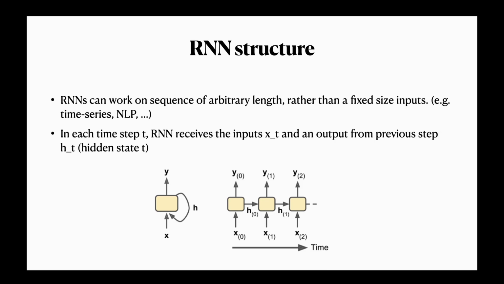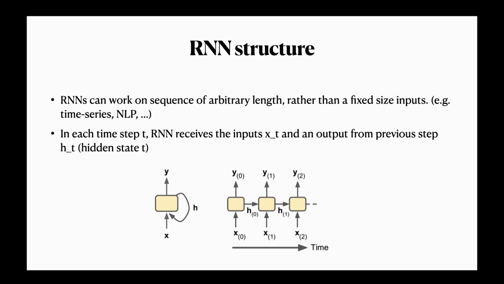In each time step in recurrent neural networks, if we are talking about time series, we have a model that predicts two things. One is the output of that specific time, and the other one is a hidden state that it feeds to itself in the next round. So on the left side, you're seeing a graph that shows exactly what it does.